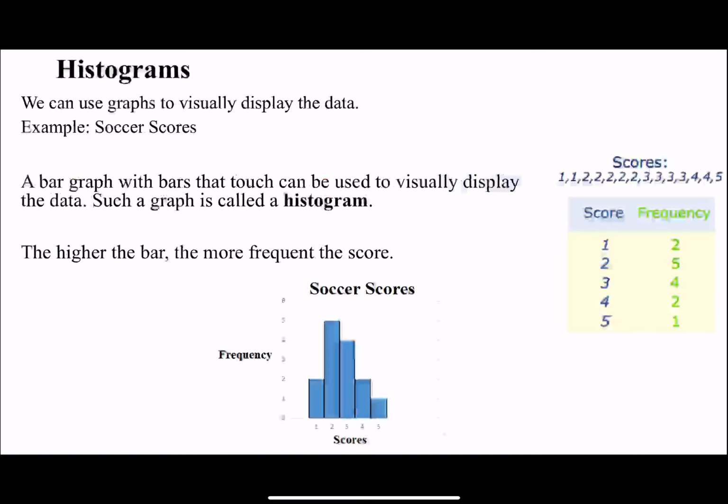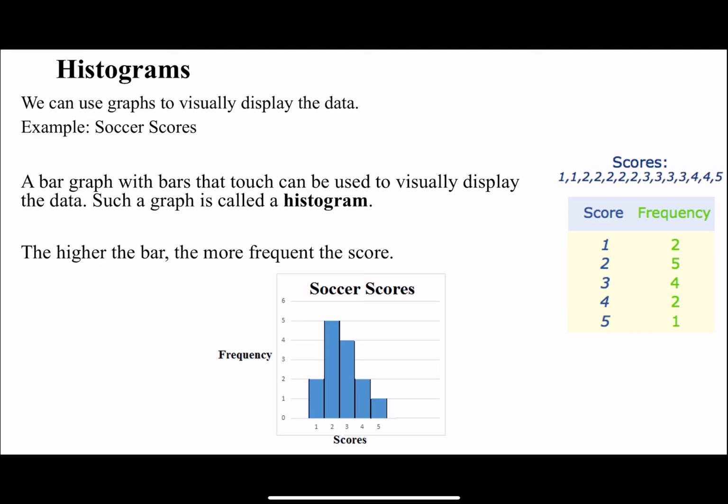So besides presenting your data in a table, as a frequency distribution or grouped frequency distribution, we can use graphs too. A histogram is an example.